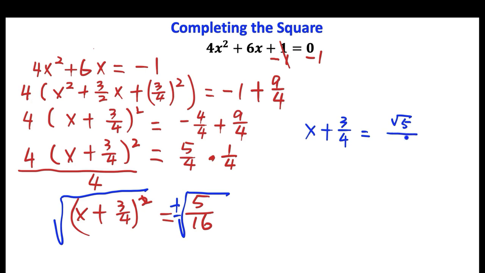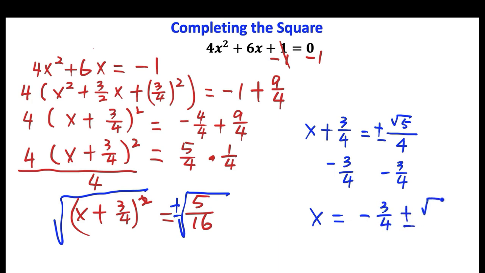Square root of 16, which is 4. So don't forget positive or negative. And now we can just minus 3/4 on both sides. And we finally solve for x equal to -3/4 plus or minus square root of 5 over 4.